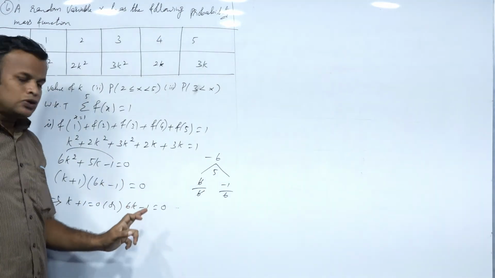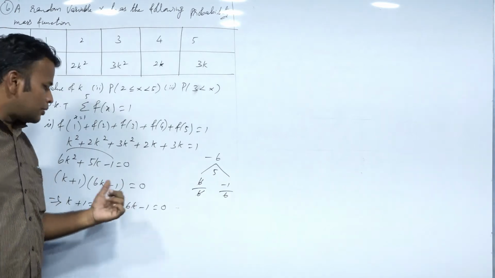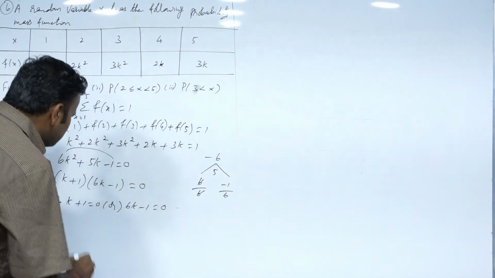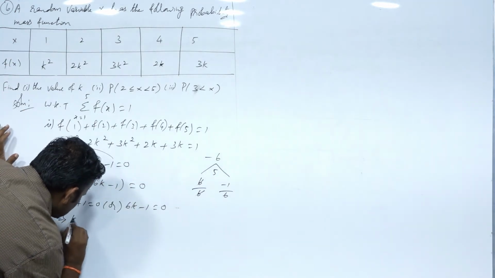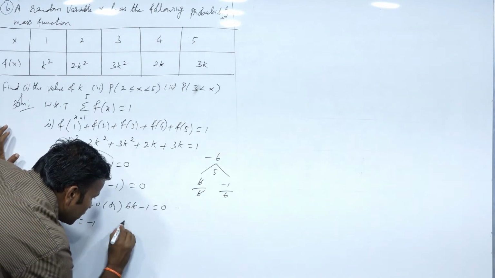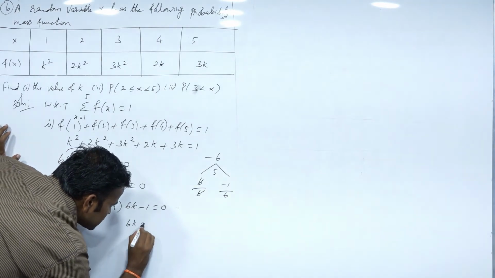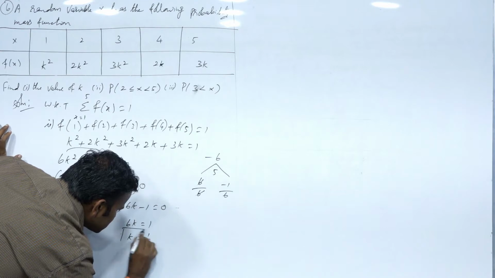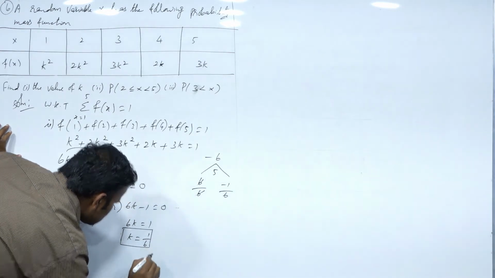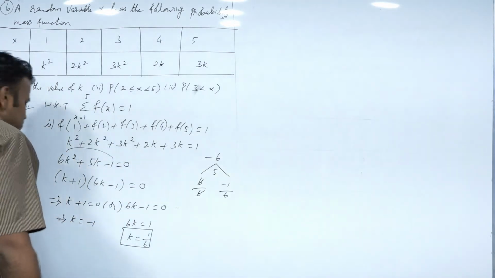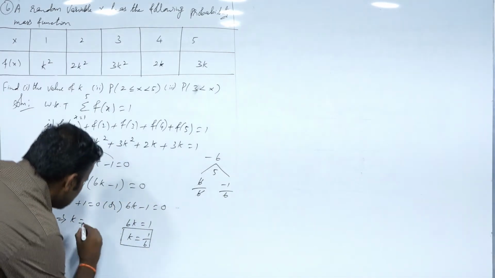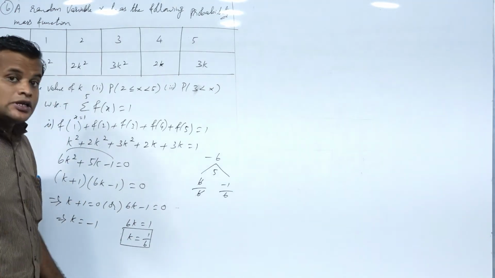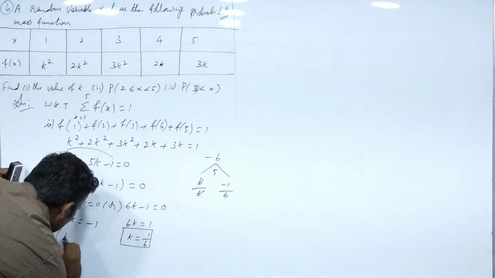The product of these two being 0 means any one should be equal to 0. When you simplify this one, the value of k is minus 1, and here 6k is equal to 1, so the value of k is 1 by 6. So this value of k is 1 by 6, and here the value of k is minus 1. I say the value of k equal to minus 1 is impossible.